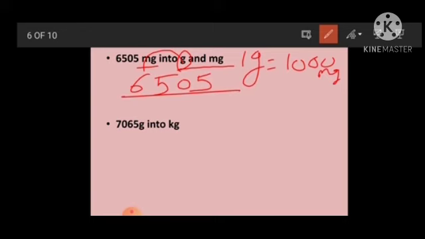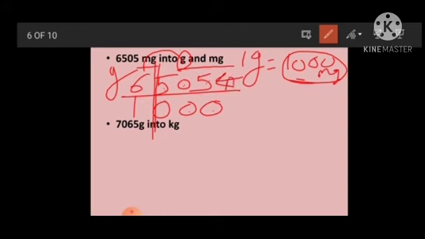So 1 milligram is equal to 1 by 1000, means we divide by 1000. How many 0? 1, 2, 3. So on the right hand side we count 1, 2, 3 and we make a line here. So this is gram and this is milligram. So which one is it? 6 gram 505 milligram.